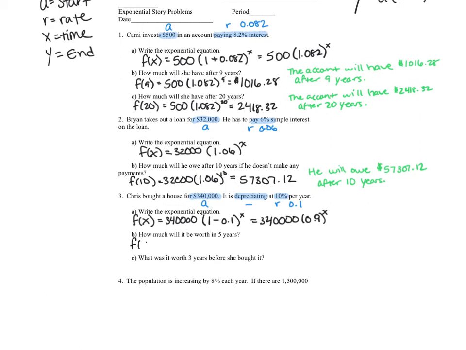So we'll say f of 5 is equal to 340,000 times 0.9 to the power of 5. So we're losing 10% every year for 5 years. And the answer to that is going to be 200,766.60.